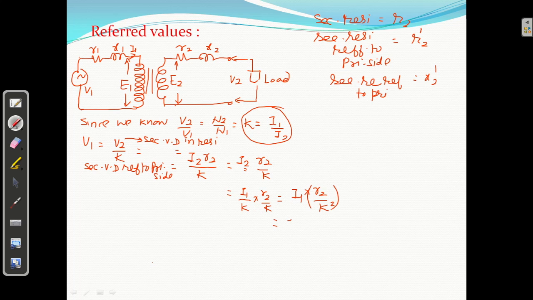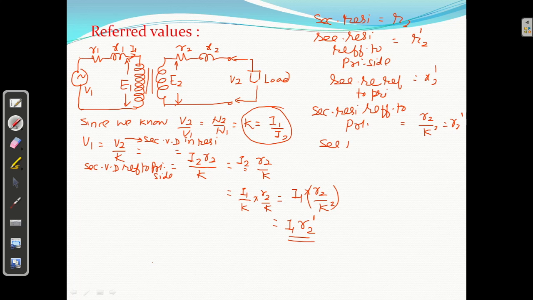So it equals I1 into R2 upon K square, called the secondary resistance referred to primary side. So the secondary resistance referred to primary becomes R2 upon K square, that is called R2 dash.